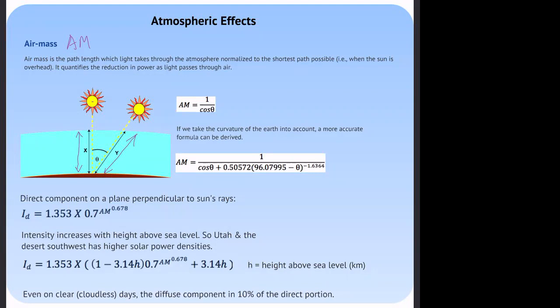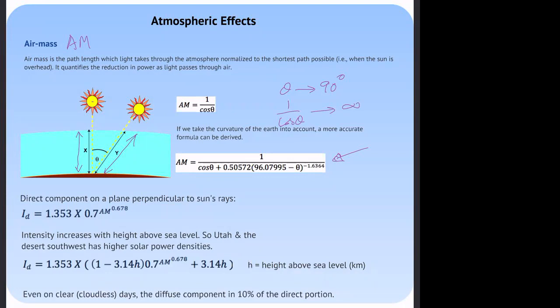So the larger the angle, as theta goes to 90 degrees, 1 over cosine theta goes to infinity, right? So you have to go through a very large amount of air. And you can also model this more carefully, which takes the curvature of the Earth into account, as shown here, which again is only there for your information. We won't use this for our class.